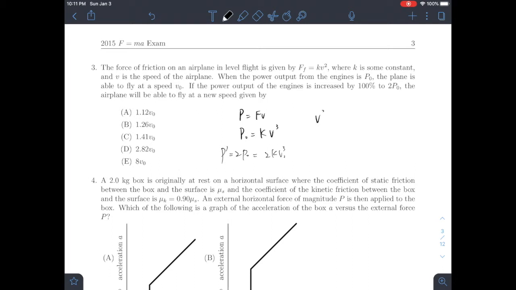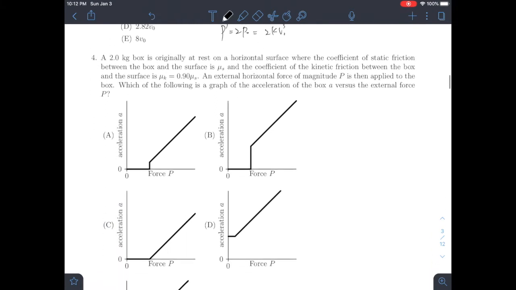So the initial velocity times c, all of them cubed, should be equal to 2 times v2, which is the velocity after the power change. And we know c is equal to the cube root of 2. And what is the cube root of 2? It is equal to 1.26, which is B.